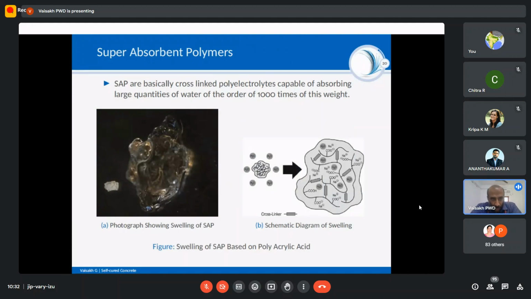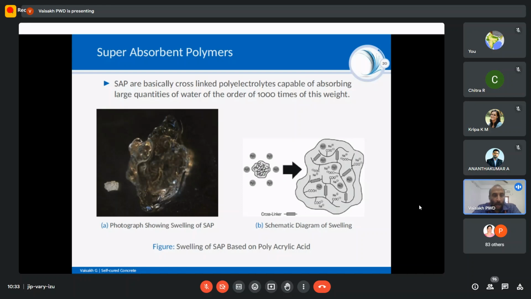So, what is super absorbent polymer? In photograph A, you can see a small crystal on the left and a bigger one on the right. The one on the left is the photograph of a SAP before absorption of water, and the one on the right is after absorption of water.